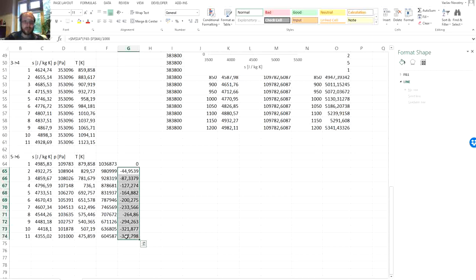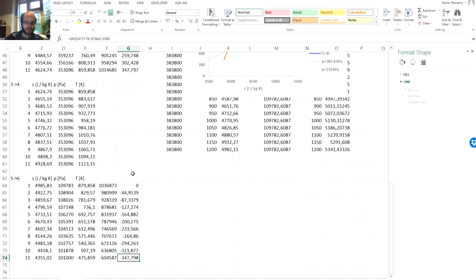And as you can see here, the values go into the negative. The values are negative because now the enthalpy is decreasing, but we want to see the heat in absolute values.